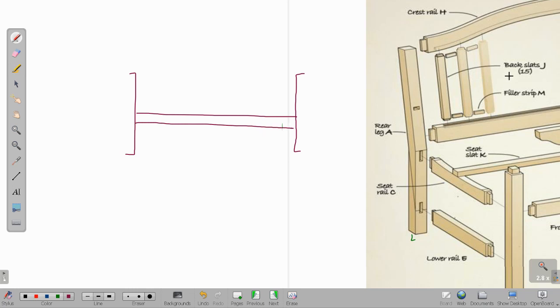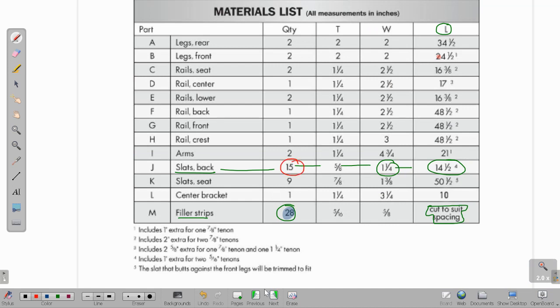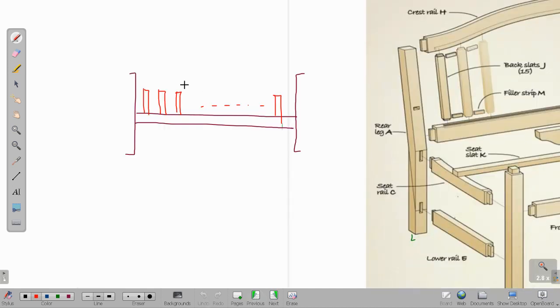And we have the backslats, which I'll put in red. There is backslat number one, number two, number three, number four, and so on, up to the 15th one here. The total quantity of backslats is 15. Between each of them we have a filler strip.